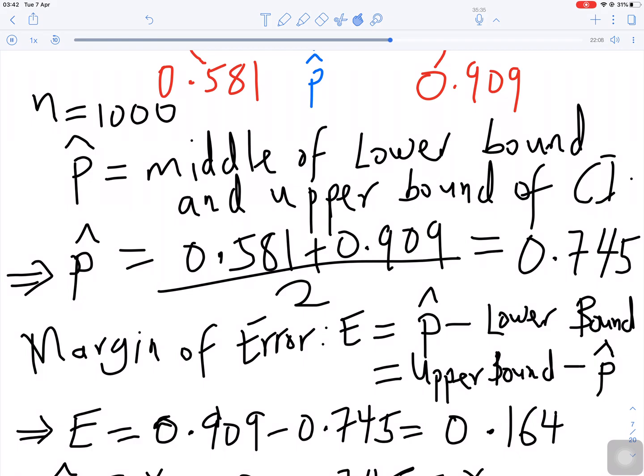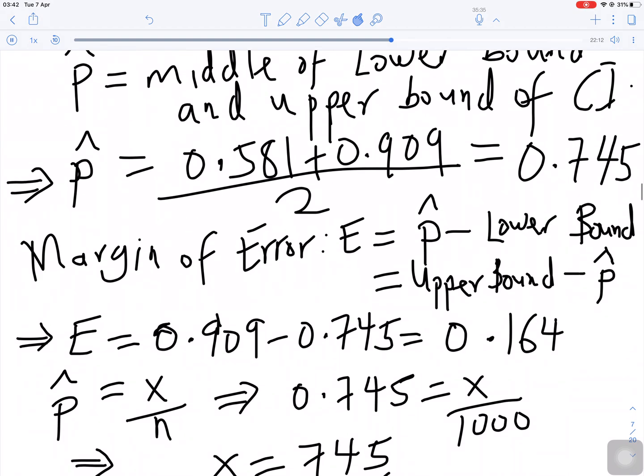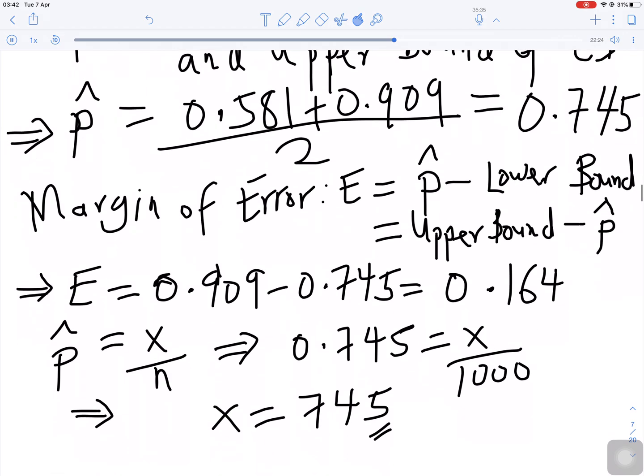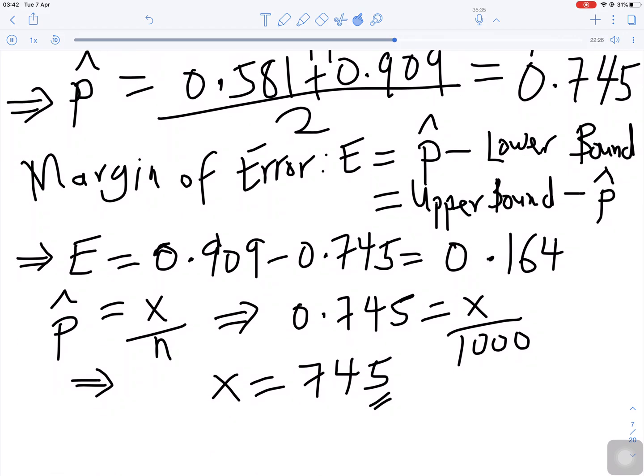So to find the margin of error, we can consider the P cap minus the lower bound or the upper bound minus the P cap. So computing, margin of error will be 0.909 minus 0.745, and that gives us 0.164. So margin of error equals 0.164.